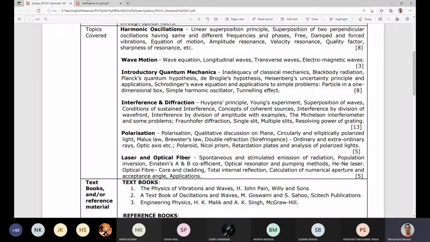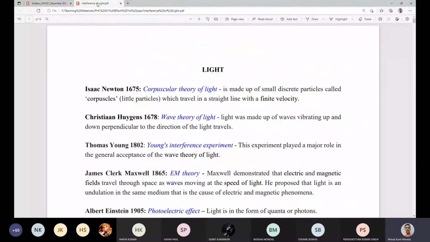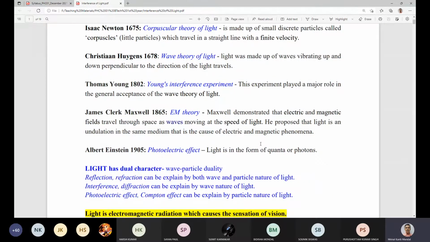Now we come to wave optics. So before we start interference, diffraction, polarization, laser, or fiber optics, we need some information about light. What is light? If you ask this simple question, what is light, then what will be your answer?